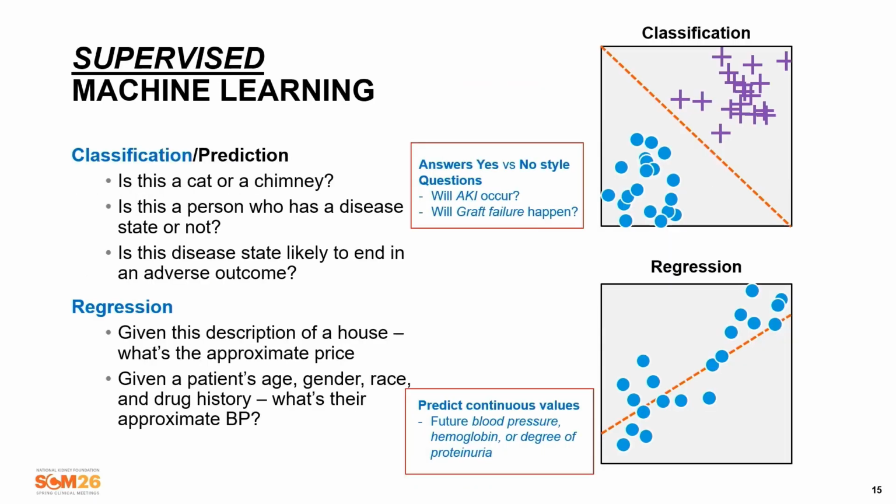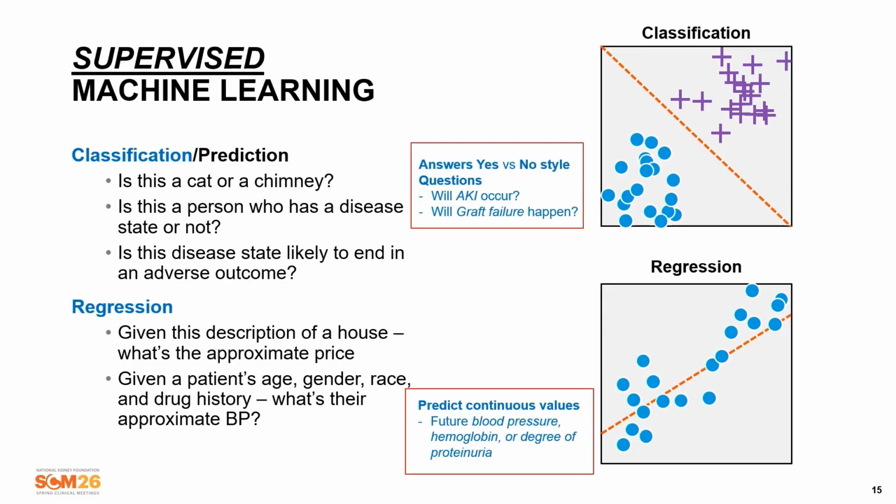technique. So again, supervised learning can be divided into classification and regression. Think about classification machine learning as answering a yes or no question. Is the patient going to have AKI, yes or no? Is the patient going to have kidney transplant failure or not? That is a classification.